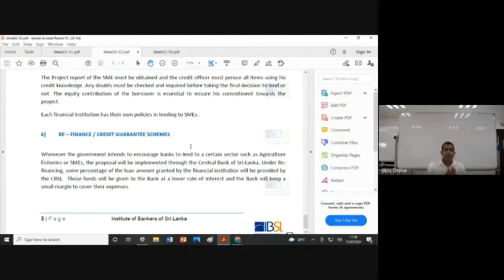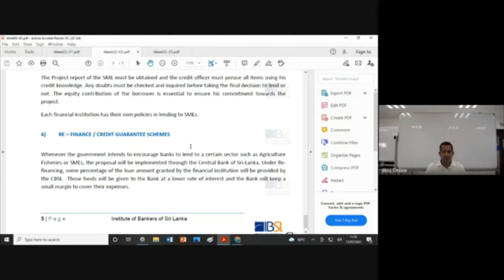industries ministry defines SMEs one way, the Export Development Board defines one way, the central bank defines one way, and donor agencies define differently. The central bank gives the Basel guideline, which is an annual turnover of not more than 750 million rupees.